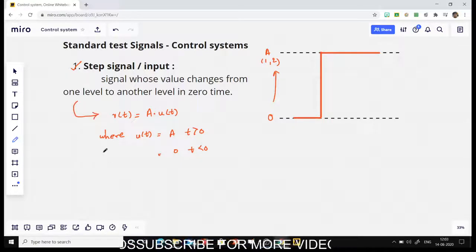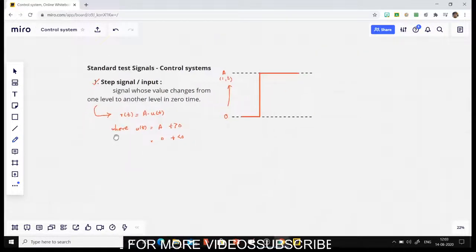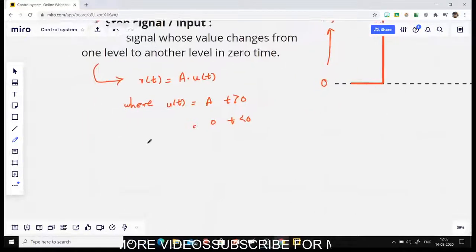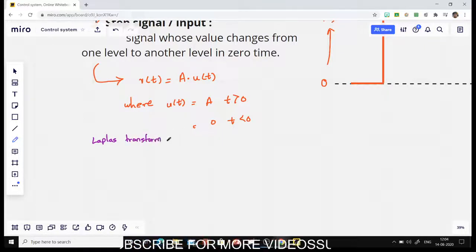Now still we are in the time domain, we have to get into the Laplace domain, right? So we need to take a Laplace transform to get the S domain for step input.